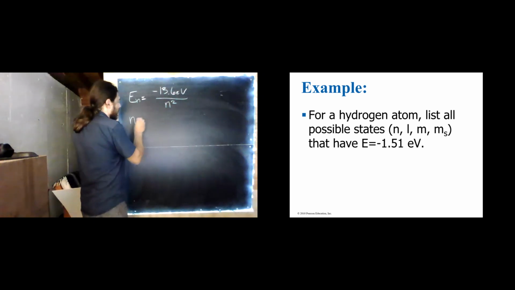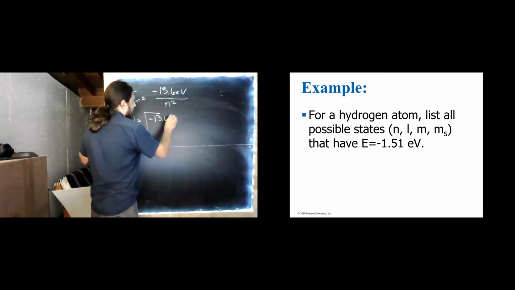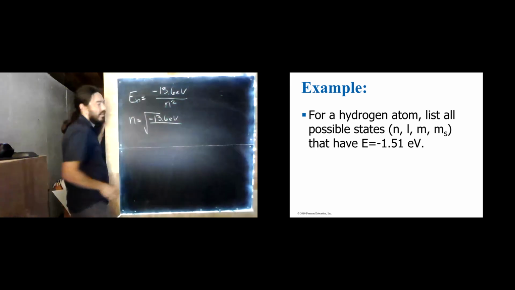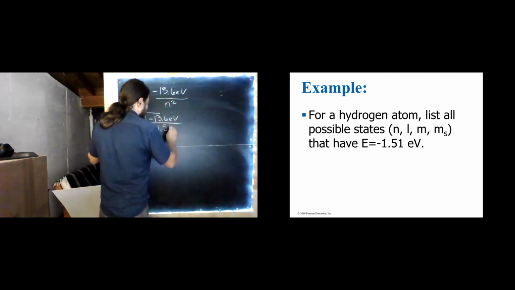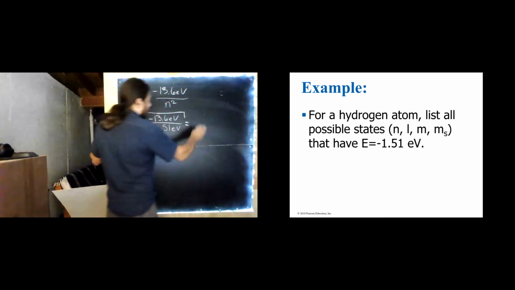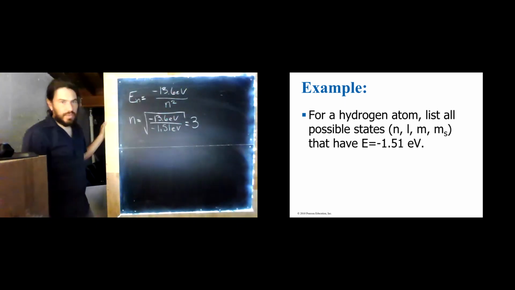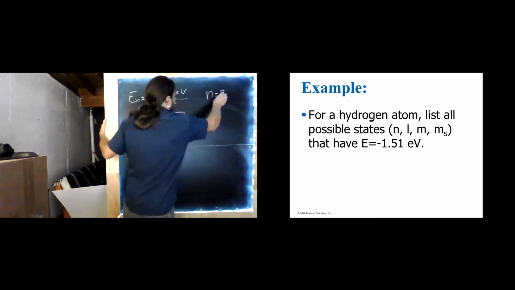Solving for n, we get n is the square root of negative 13.6 eV over E. I'm just going to go ahead and plug in. This is negative 1.51. And it turns out that this is then the n equals 3 state. So we have n equals 3.